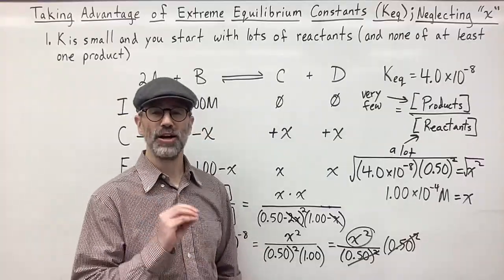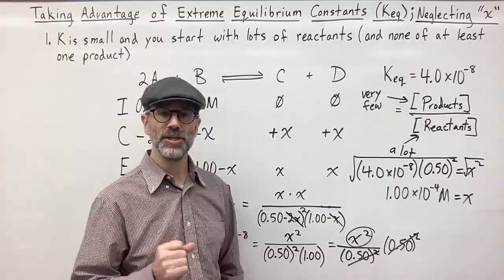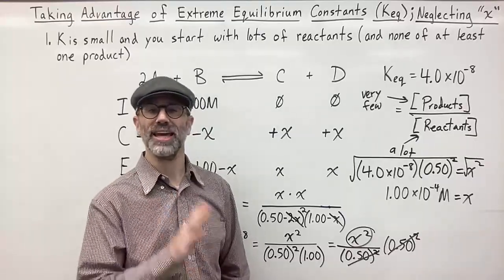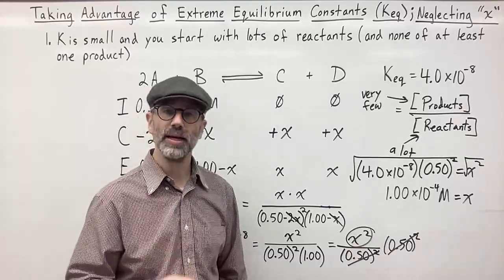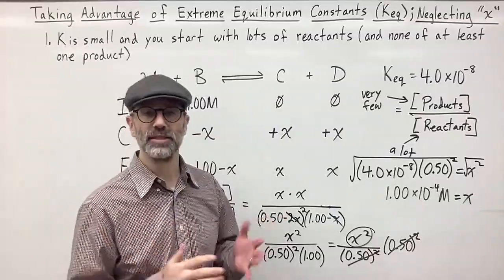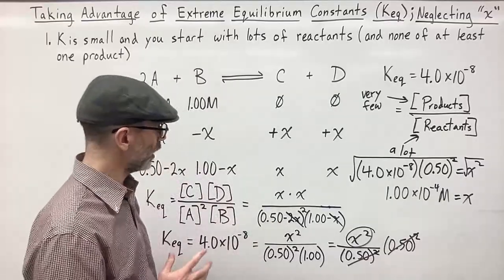So its error cannot be more than 5%. If it's 5% or more, then it's an illegitimate, invalid assumption to make. If the error is less than 5%, then it's a valid assumption to make, and you can go ahead and make it. So how do we do that?